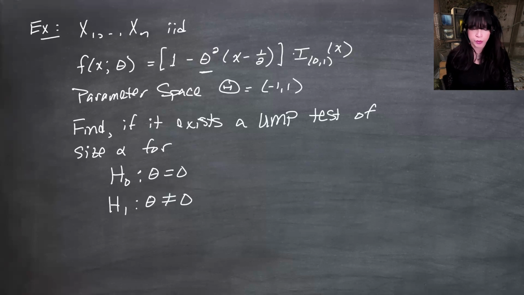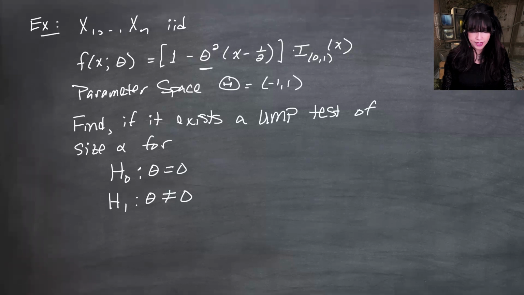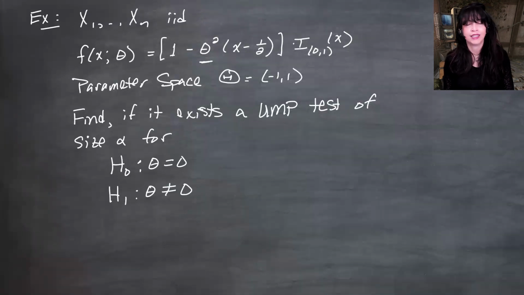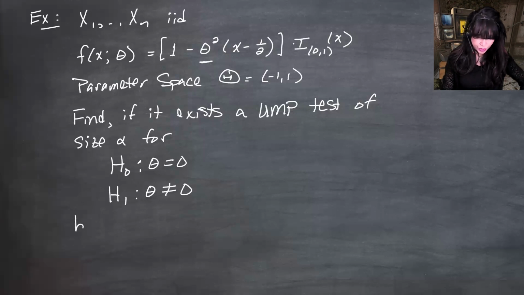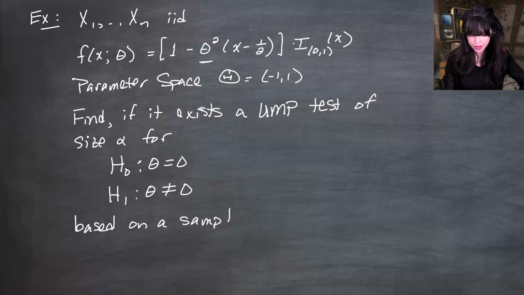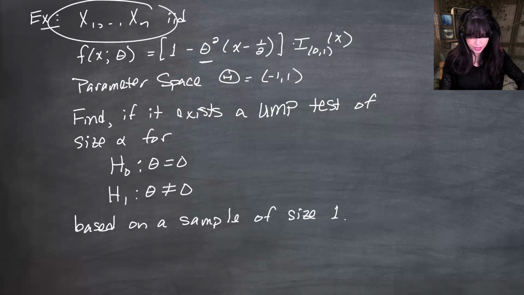These are unique, so I could say "the" UMP test. So simple versus composite. And I want to make this exactly doable so we don't have to approximate a critical value. So for that reason, I'm going to really simplify this problem and say based on a sample of size 1. So instead of X1 through Xn, I just have X1.